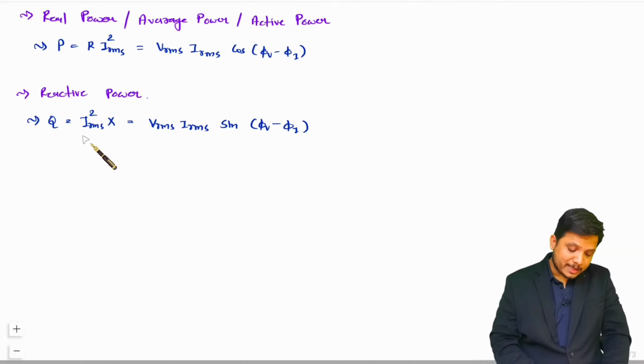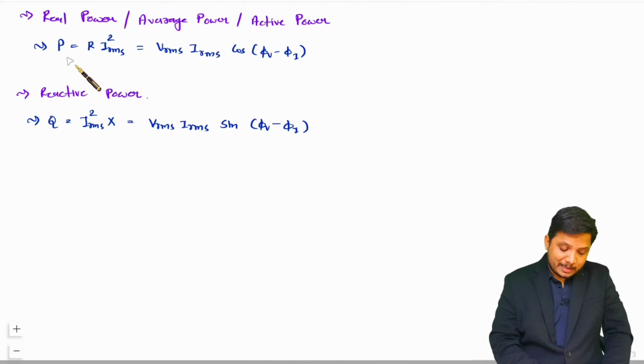I just want to discuss a few points here. This real power, or average power, is given by R into Irms square, and you will observe that it is always positive. Why? The reason is Vrms Irms into cos of anything will always be positive.